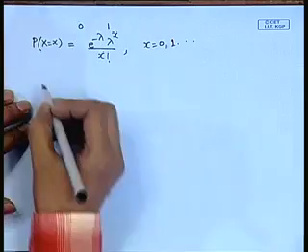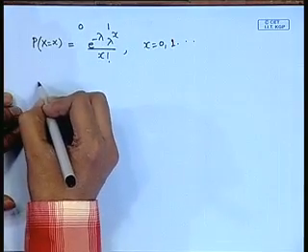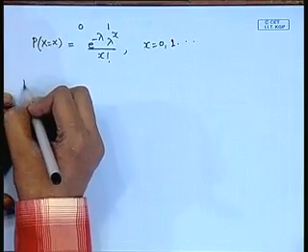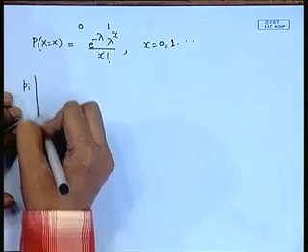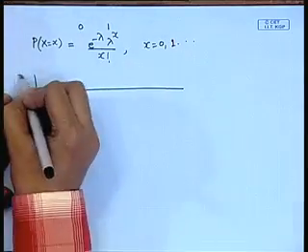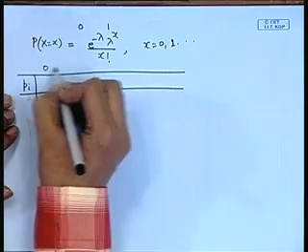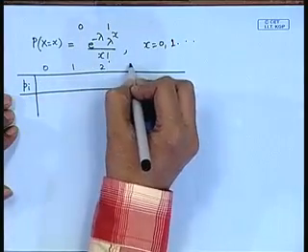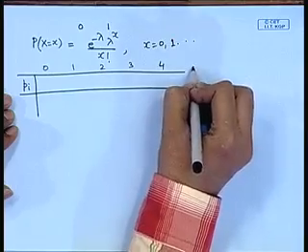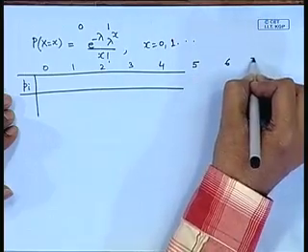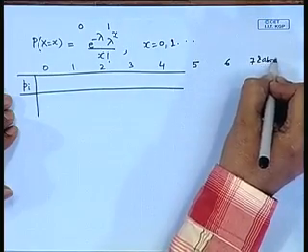So, we calculate the probabilities and we report it like this. So, the pi's for 0, 1, 2, 3, 4, 5, 6, 7 and above.